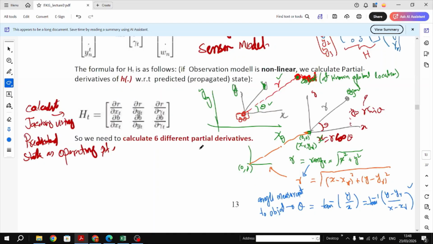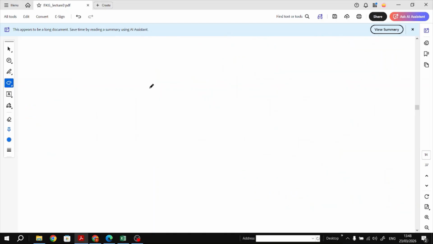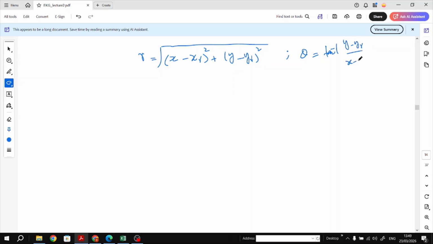So it means that you can write, let me write down here in a simple way, R as the square root of (x minus xr) squared plus (y minus yr) squared, and second equation, angle as tan inverse of (y minus yr) over (x minus xr).